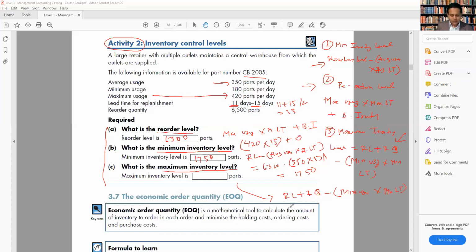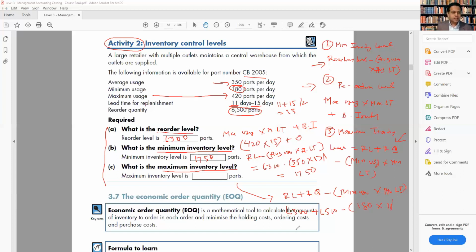So for the reorder level, we have 6,300 plus reorder quantity, we have 6,500 in the question, minus minimum uses, that is 180 from the question, times minimum lead time, that is 11. 11 is the minimum, maximum is the 15.